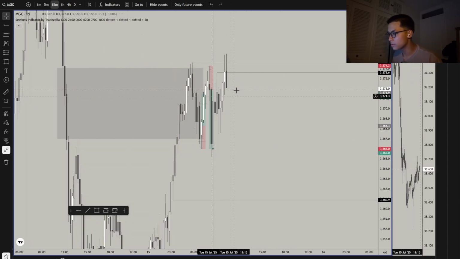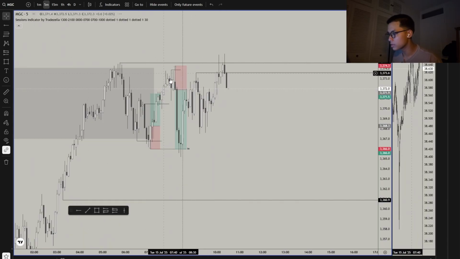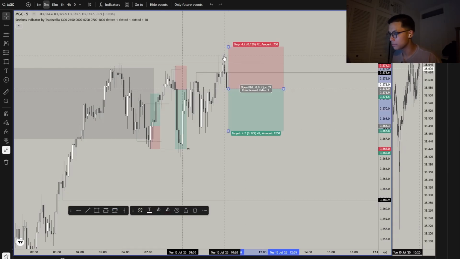so on the 15 minute, that was a nice rejection, but then we had these two bullish candles. Okay, let's take this out. It's a nice rejection point.